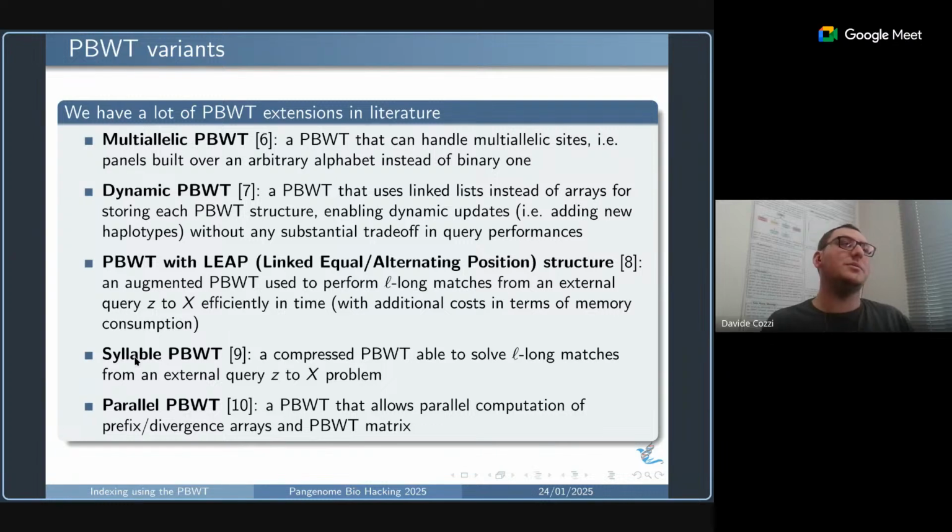So we need to compress this space-efficient data structure even more. And we can also focus on computing in parallel, because if you remember the description of the PBWT, we need to proceed column by column, but there are some projects on how we can build it, for example, starting from different points in the panel and then trying to correct the index every time it's not correct.